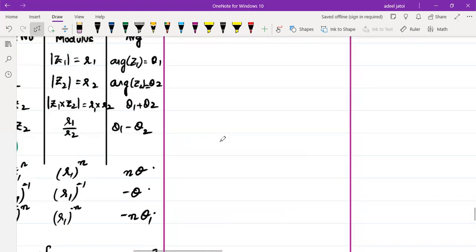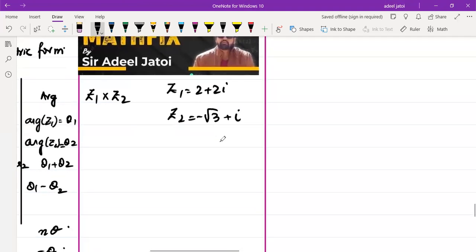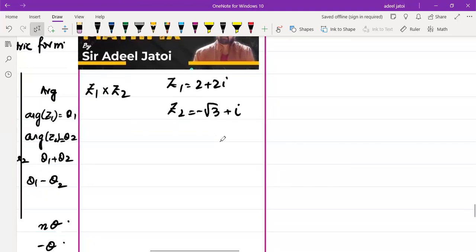Let's say we have Z1 multiplied by Z2, where Z1 is 2 plus 2 iota, and Z2 is minus under root 3 plus iota. In this situation, we multiply 2 plus 2 iota by minus under root 3 plus iota.